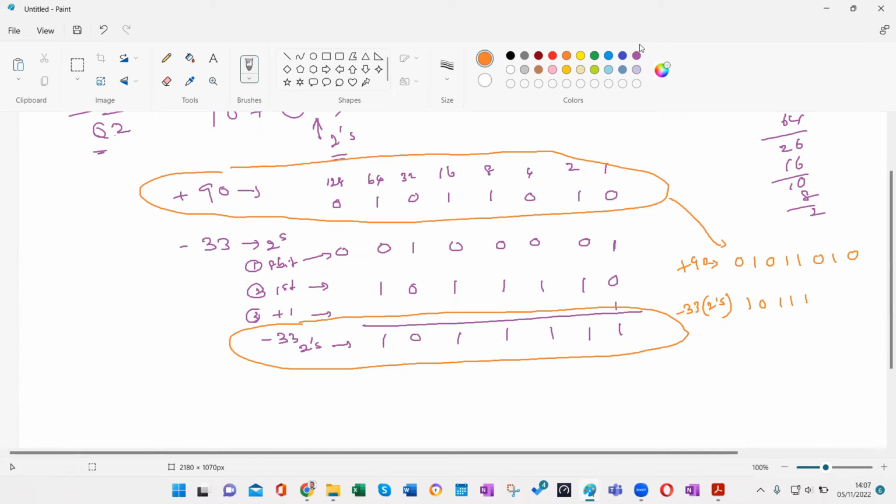There should be another 1. You are flipping now, so it should be 1. So 0 plus 1 is 1, 1, 1, 1, 1, 0, 1.